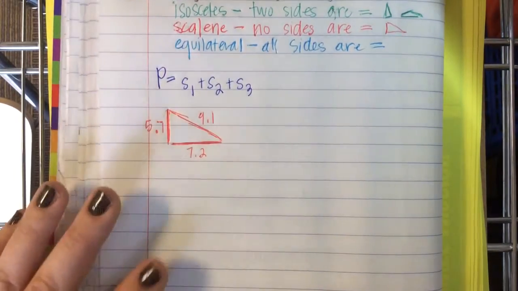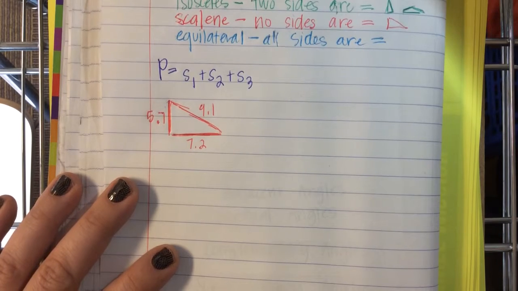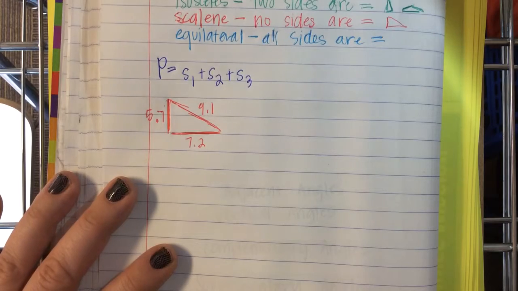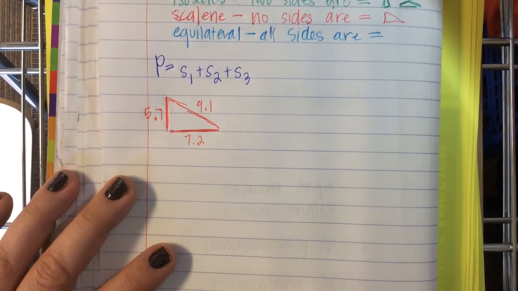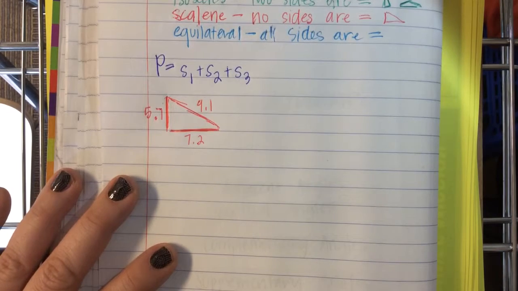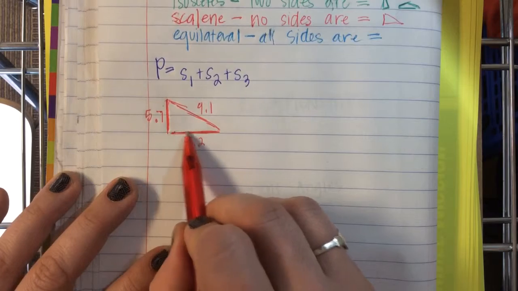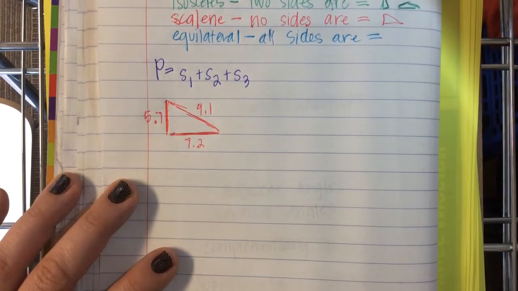Would you be able to tell me the perimeter? How do you find perimeter of a triangle? Which one's side 1? Does it matter? Which one's side 2? Does it matter? Doesn't matter. Side 3? As long as you use all 3 of them. It has 3 sides. Dakota, last time I'm asking.